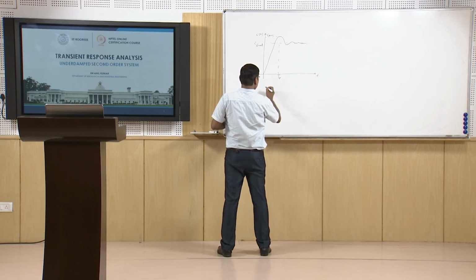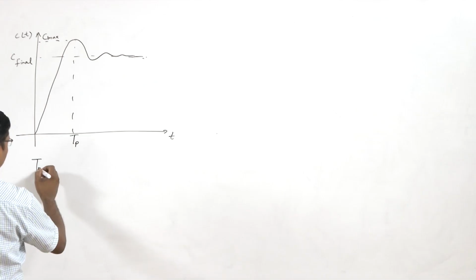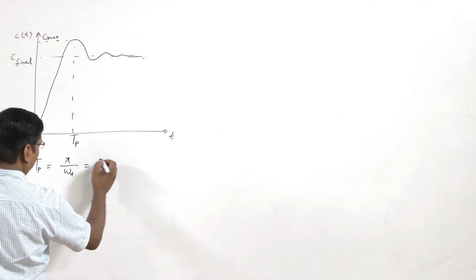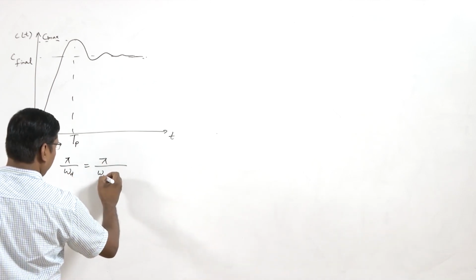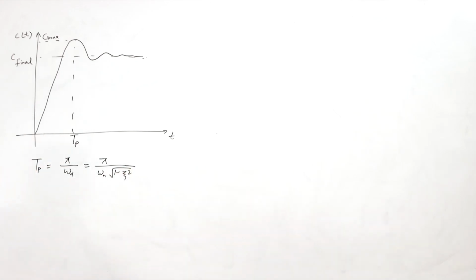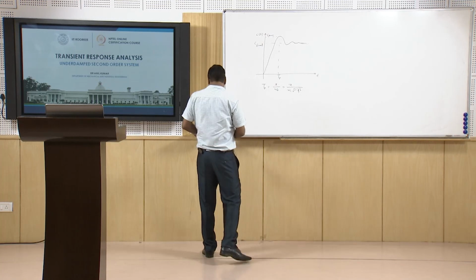So we find the peak time equal to pi upon omega d, or pi upon omega n root 1 minus zeta square, where zeta is damping ratio and omega n is natural frequency.